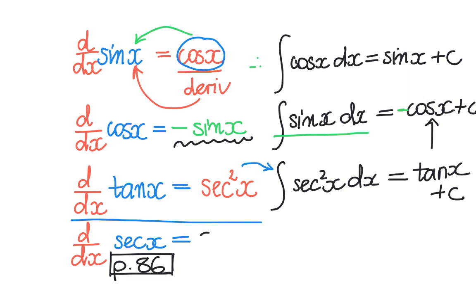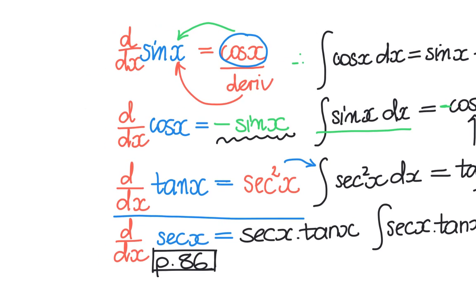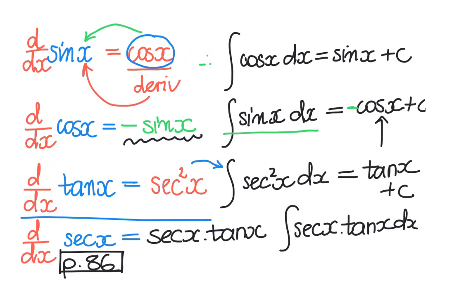The derivative of sec of x is sec x times tan of x, which means that the antiderivative of sec x times tan of x dx will be equal to sec x plus c. Okay, pause it, think about it.